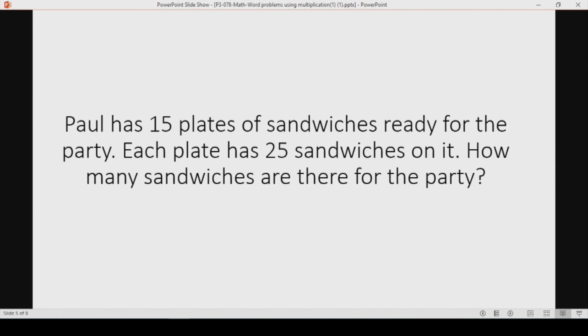So what do we need to do to the answers in step 1 and step 2? Plus, we add together. 5 plus 0 equals 5. 7 plus 0 equals 7. 0 plus 3 equals 3. So our answer, 375.